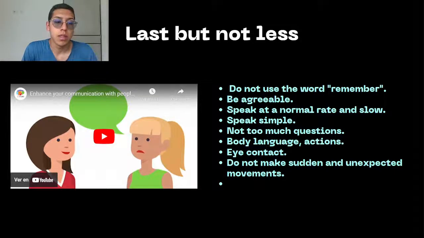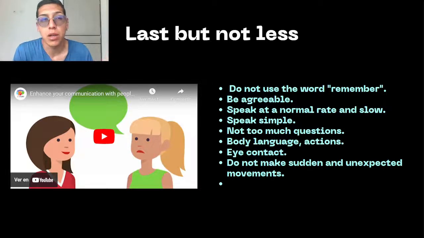Be agreeable, understanding that a patient of Alzheimer's can disconnect from events, from time, and from space. So they can tell you something that passed a long time ago as if it had passed recently. So be agreeable.